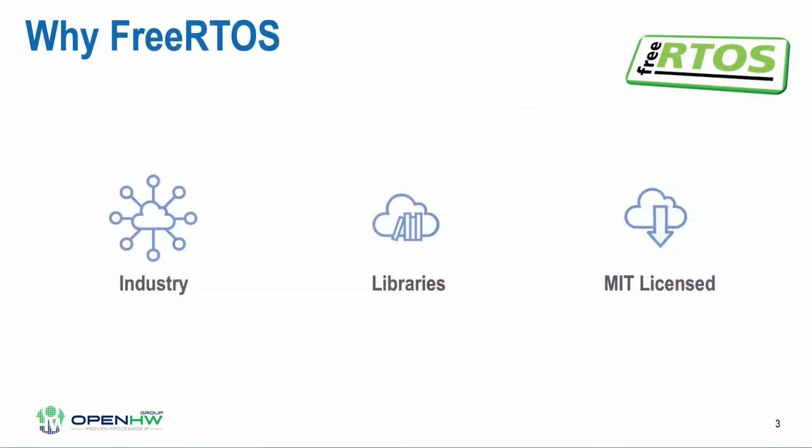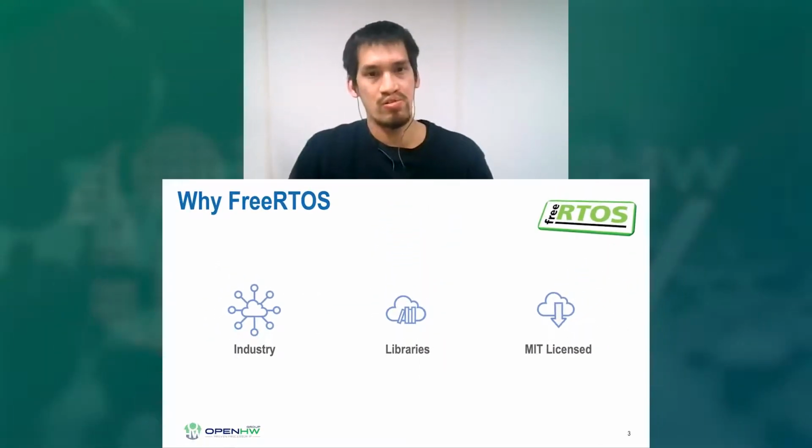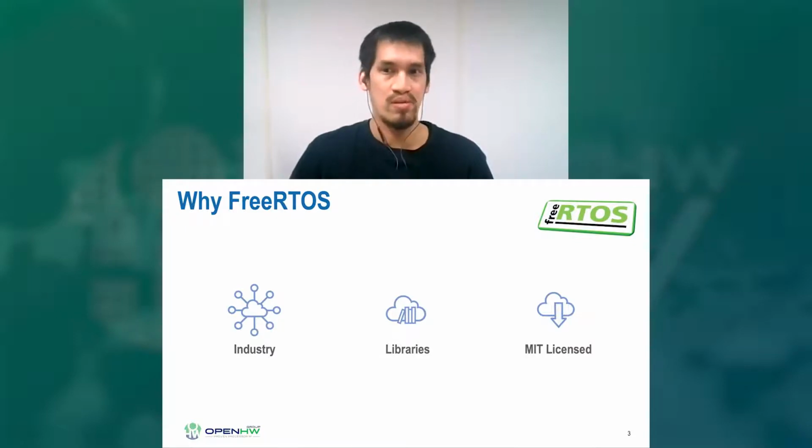So why FreeRTOS? FreeRTOS enjoys a broad industry adoption. It calls itself the market-leading real-time operating system. It supports more than 40 different architectures. There is professional support available, and there are also multiple supported IDEs and tool chains you can choose from.